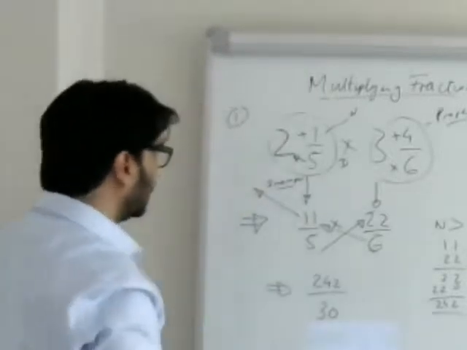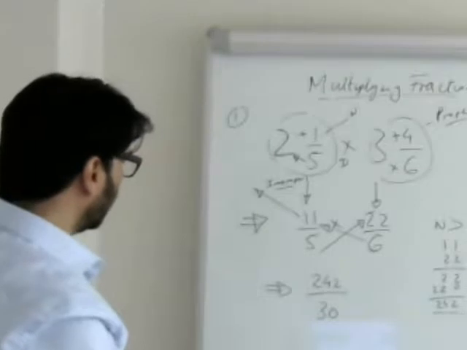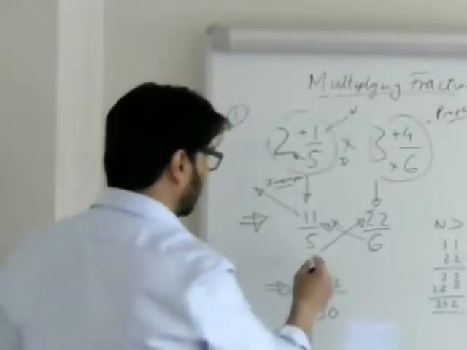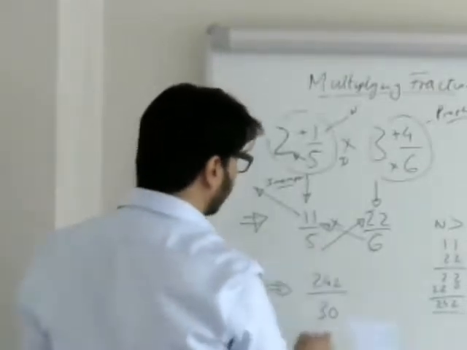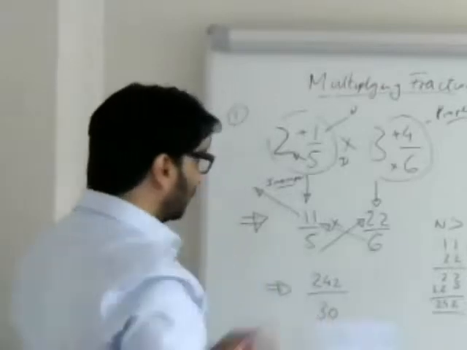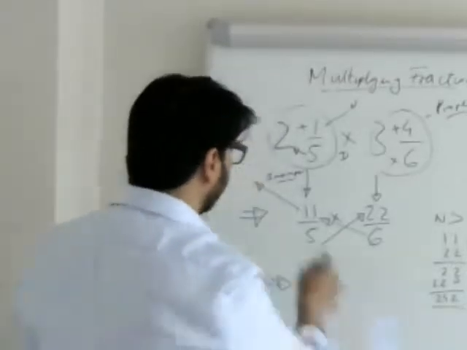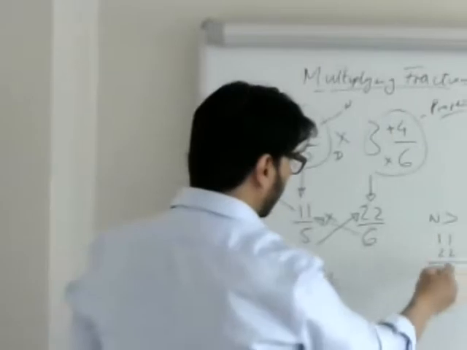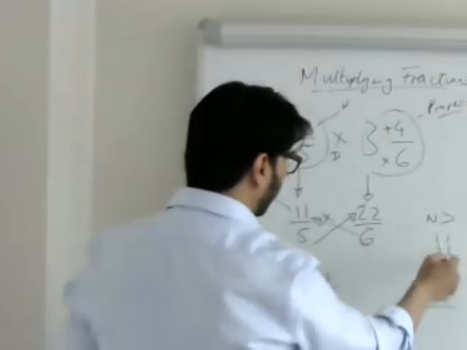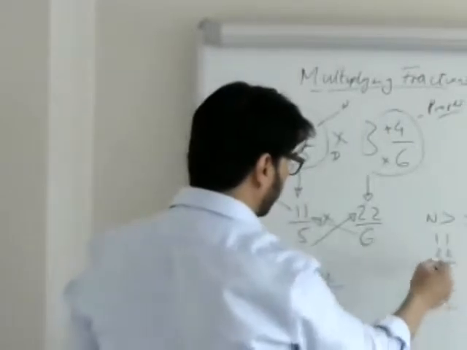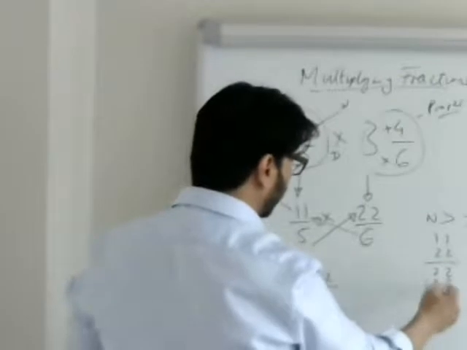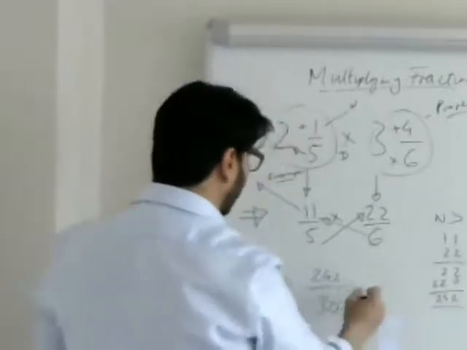Now let's see if we could simplify this. You've got 30 here. You can leave it as it is, but then you need to see whether that can be further simplified. So let's check again. 11 times 22 is 242, over 30.